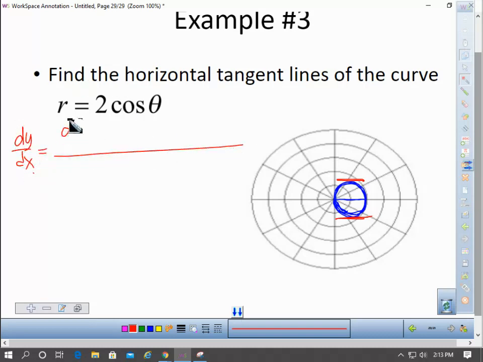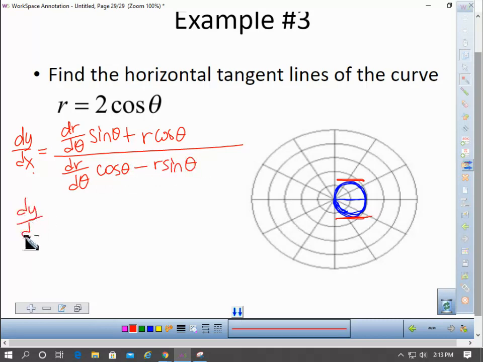So now remember it's dr d theta, top and bottom. All right, and then after dr d theta, it's sine on the top plus r cosine, and on the bottom it's cosine minus r sine. Okay, so I'm going to fill in and find my derivative.